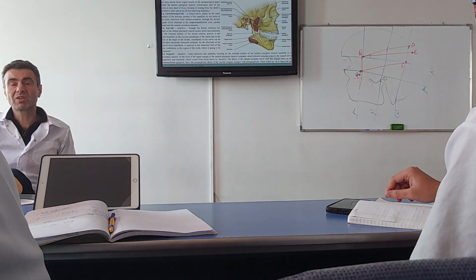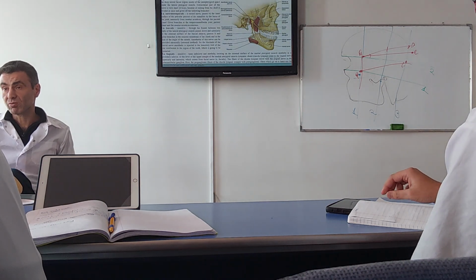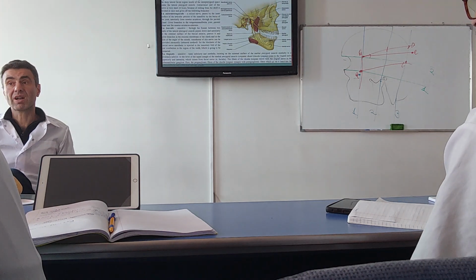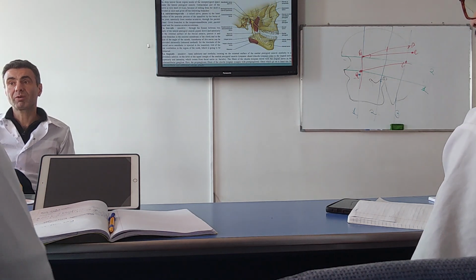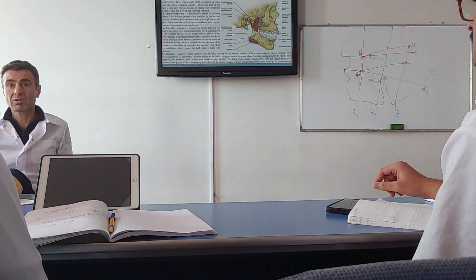This is one of the biggest nerves of the human body. The mandibular nerve is a branch of which nerve? Trigeminal. How many other branches has the trigeminal nerve? If it is trigeminal, how many? So why are you confused?